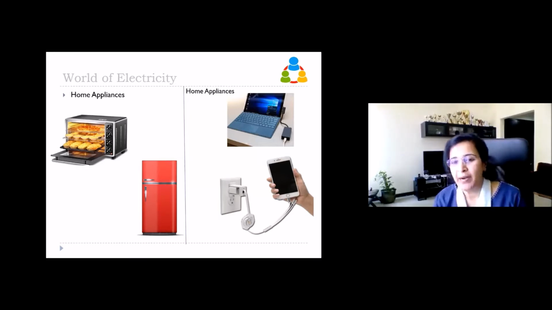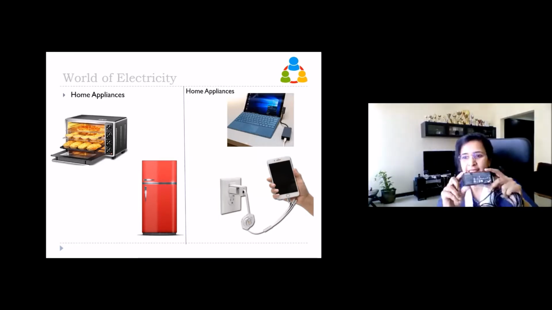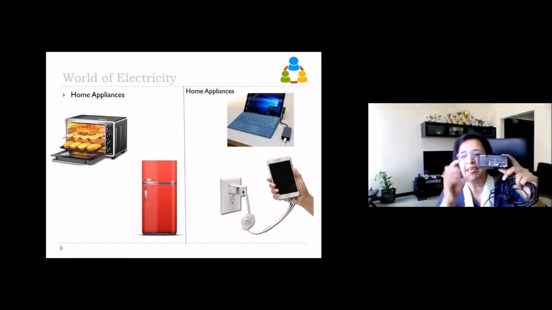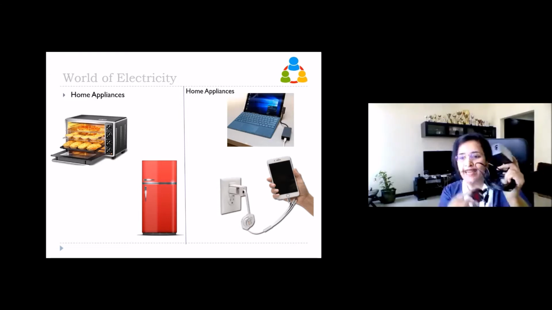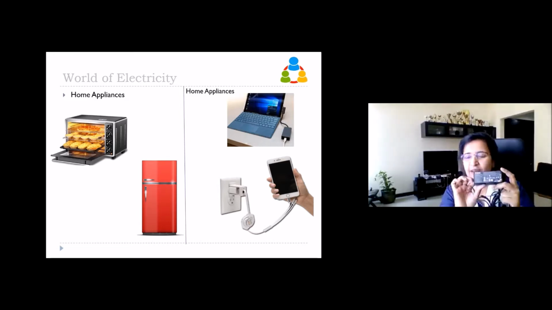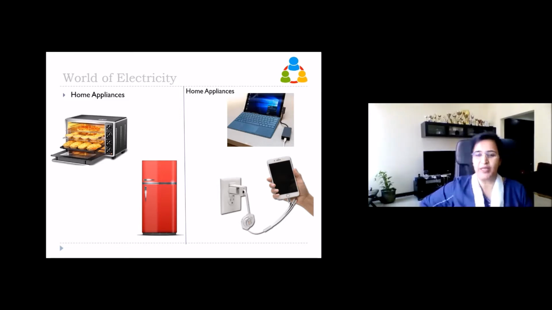But for your computer or laptop, you will have a small device like this before you plug into your PC. This is called an adapter. What does this adapter do? That's what we are going to look into today.